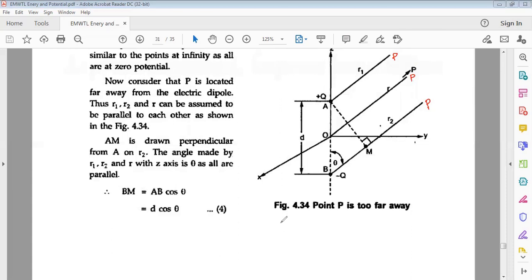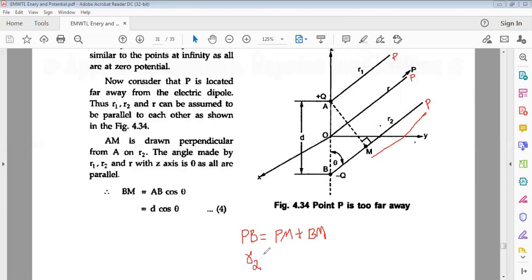First of all, I am writing PB is equal to PM, there is a distance here, PM, plus BM also. So the PB distance from point B to point P is R2.